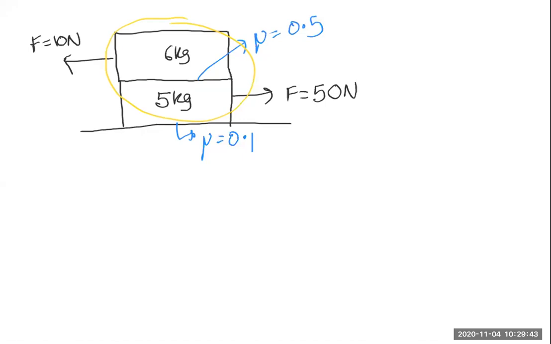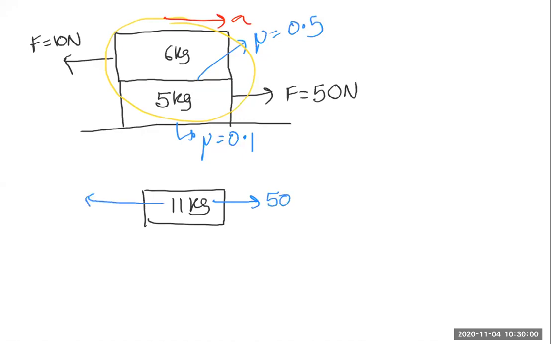50 न्यूटन ज़्यादा बड़ा फोर्स है, तो मैं अज्यूम करूंगा कि इधर ये मूव कर रहा है. So basically I have an 11 kilogram block which is under the influence of 50 here, 10 here, एंड फ्रिक्शन भी होना चाहिए यहाँ पे, और फ्रिक्शन मैक्सिमम होना चाहिए क्योंकि वो मूव कर रहा है. नॉर्मल रिएक्शन होगा 11 g into 0.1, दिस विल बी 11 newtons.